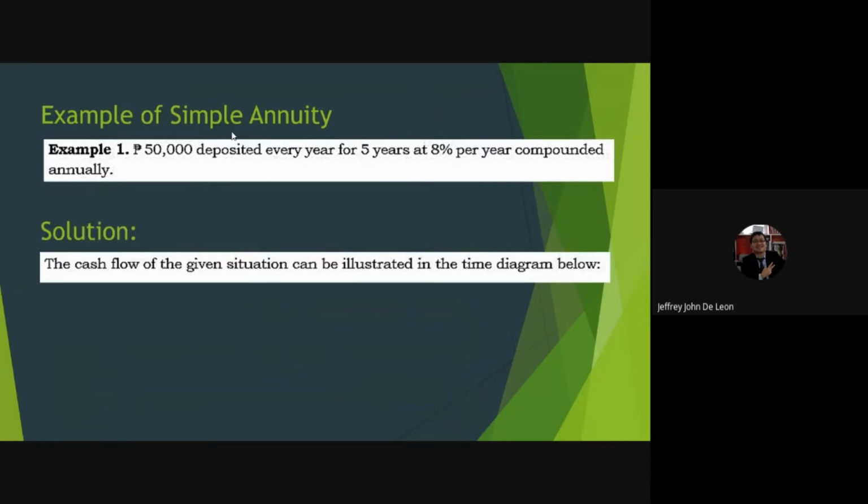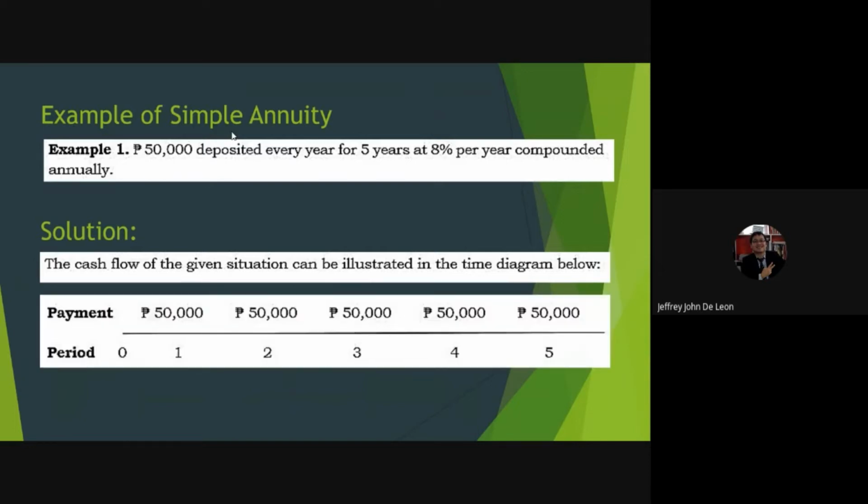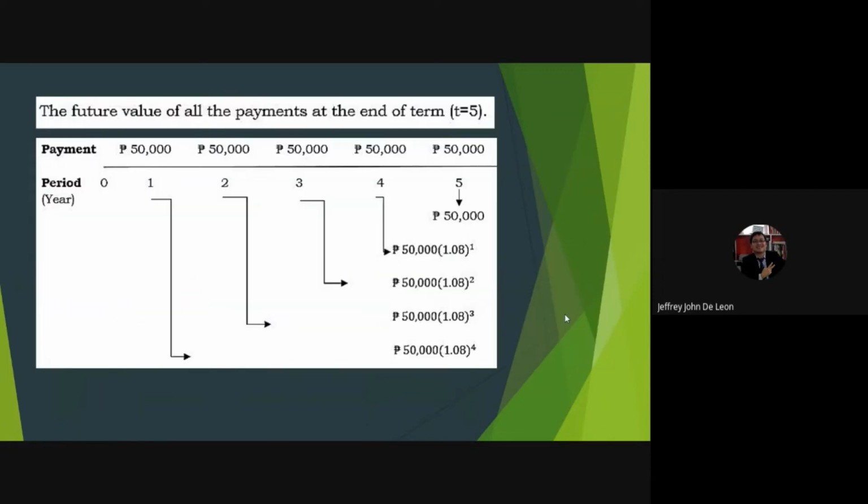So let's solve it. The cash flow of the given situation can be illustrated in the time diagram below. Look at the payment starting now, and then at the end of the first year, 50,000, up to the fifth year, 50,000. The future value of all the payments at the end of the term is 5 years.